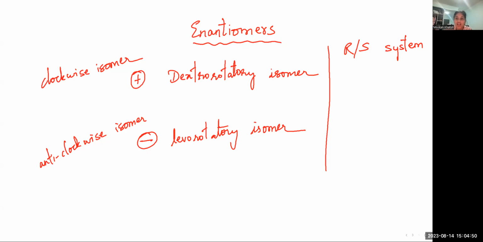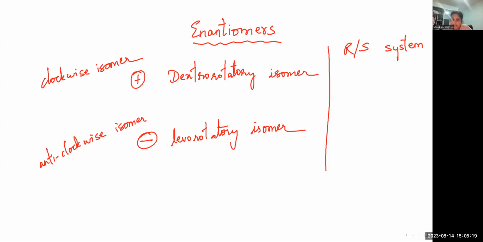This is the R and S system. The optical activity of R and S stereoisomers has to be measured experimentally with a specified meter, which is called the polarimeter. Now we are going to first see how we can assign this R and S configuration to the chiral centers.